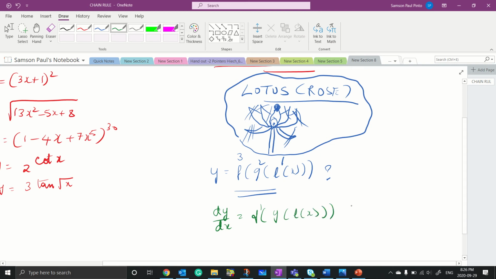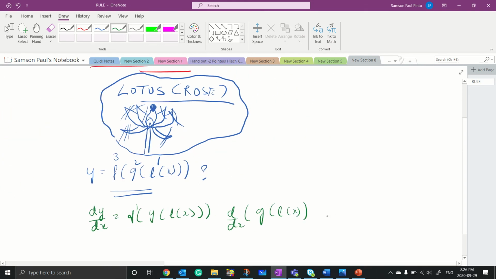Then you differentiate the inner function g of l of x, and after that you differentiate the innermost function, and that's how it goes on. If you have n functions, you will have that many derivatives. So this is how the chain rule works.